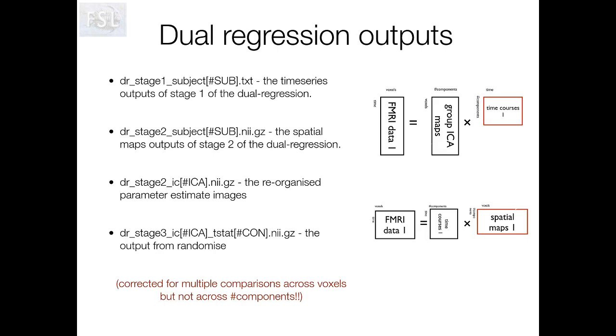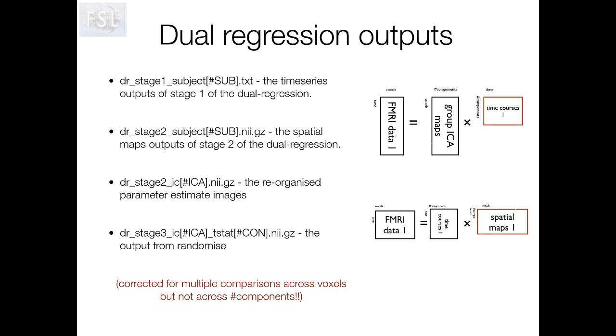And one more point to note on this is that if you're only interested in one specific component or in a subset of group ICA components, you still need to run dual regression on all of your group-level components. This is because all of the components which you're not interested in will act as confounds, and they will act to explain some variance that you're not interested in.